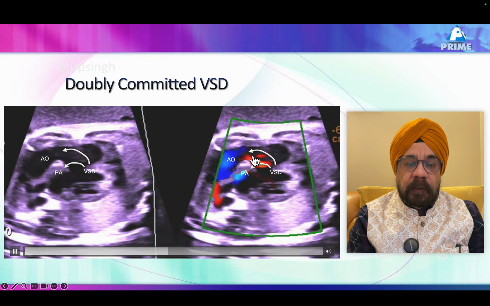So this is less than ideal situation, but many a times we have to do it when the pulmonary artery is small. So whenever you are seeing a patient of DORV, the pulmonary artery is very small, you know that patient might require less than ideal surgery. And what is going to happen with less than ideal surgery? We have an absent pulmonary valve, there is a severe pulmonary regurgitation. Over a period of time, the right ventricle fails.